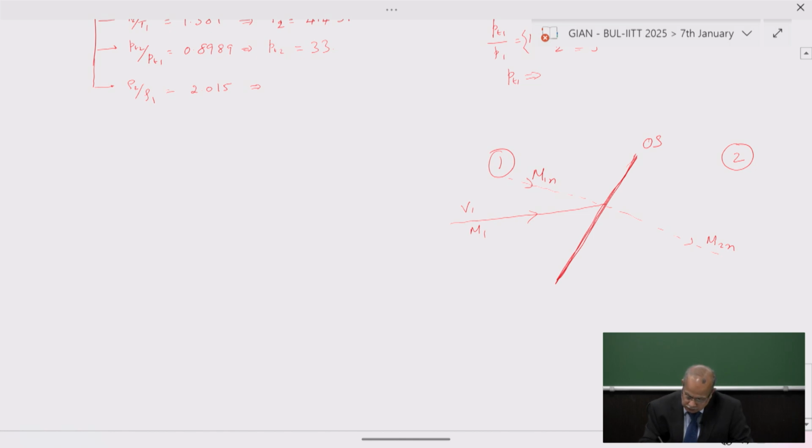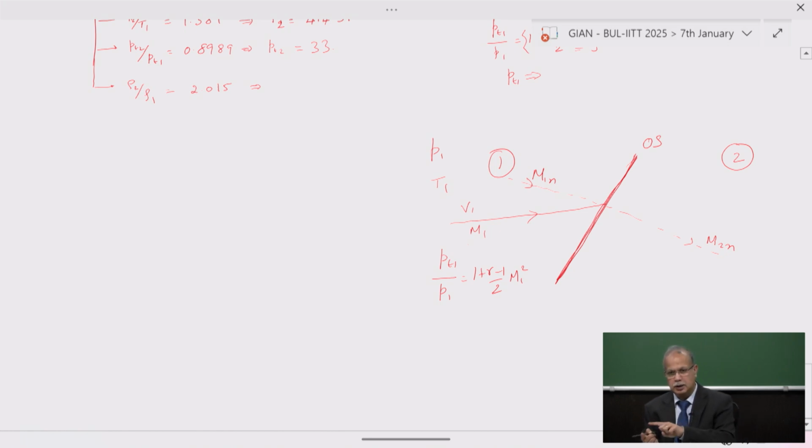But if you look even before the shock, here we have P1, here we have T1, and here we have M1. So the properties before it: PT1 by P1 is equal to 1 plus gamma minus 1 by 2 M1 square. It is not M1n.